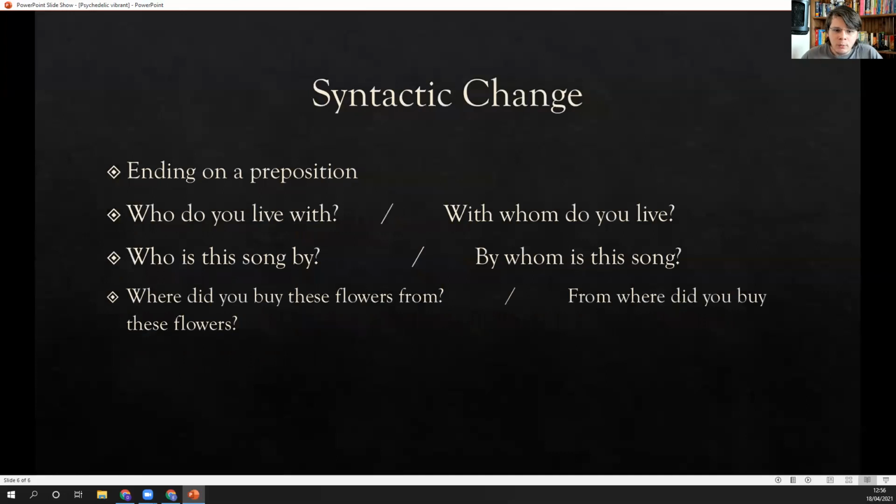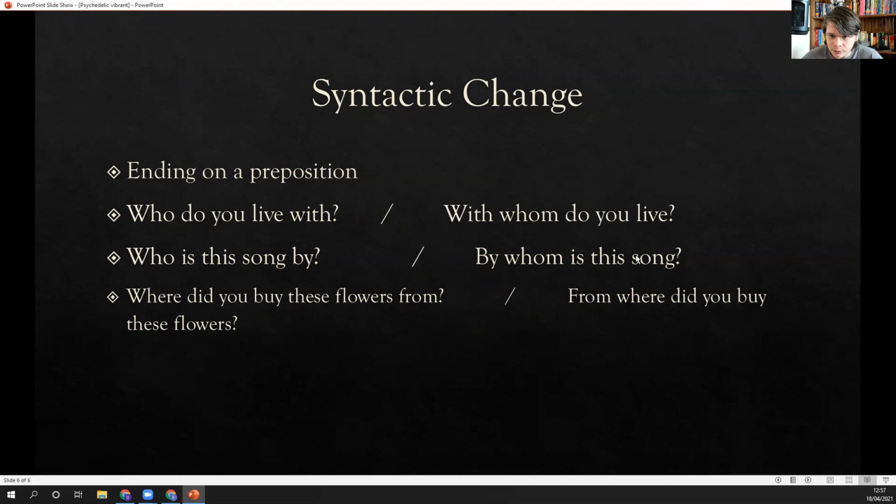Okay, good. One more example, syntactic change. For example, ending on a preposition. In the past, it wasn't considered completely correct to say things like, who do you live with? In the past, the prescriptive rule was to say, with whom do you live? But the thing is, very, very few people actually say that nowadays. So, for example, even in English books nowadays, the most common thing to teach students is who do you live with?